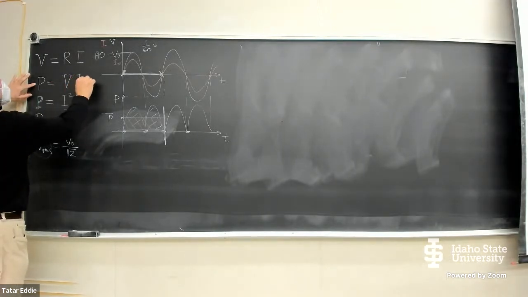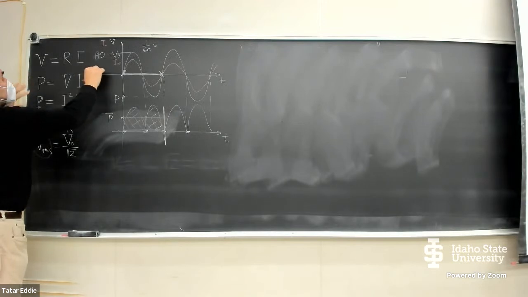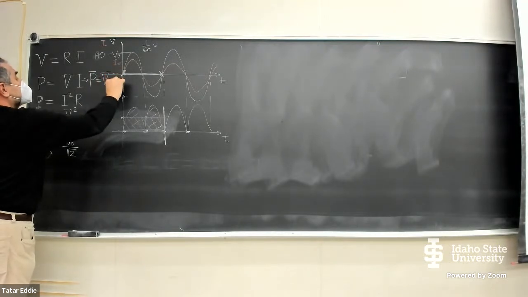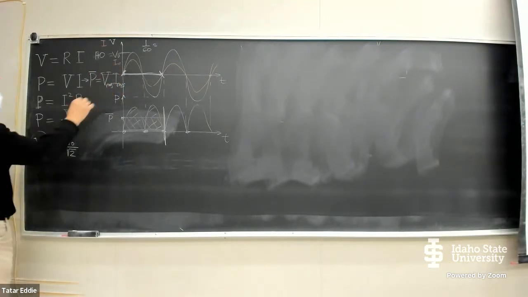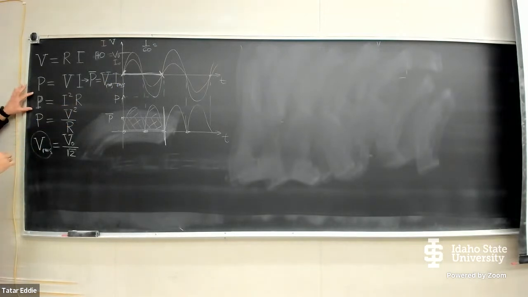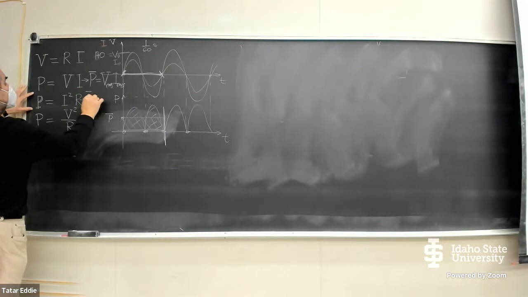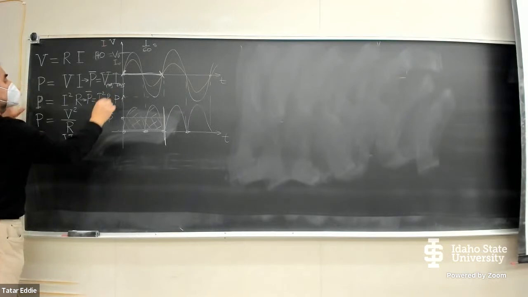For a DC circuit, the average power is calculated just by multiplying the RMS values of the voltage and the current. Similarly, the second formula is the RMS value of the current squared times the resistance.